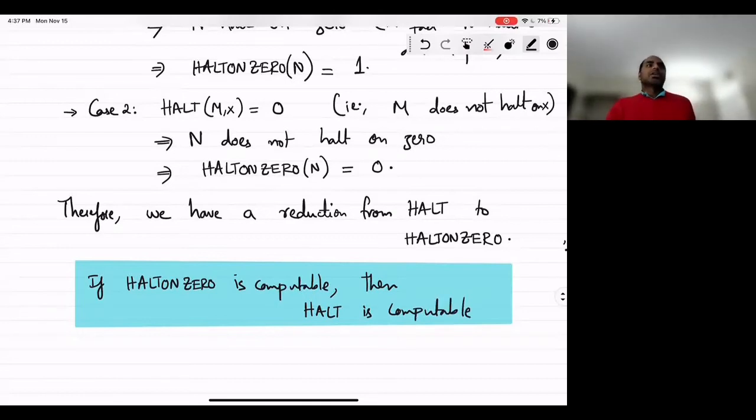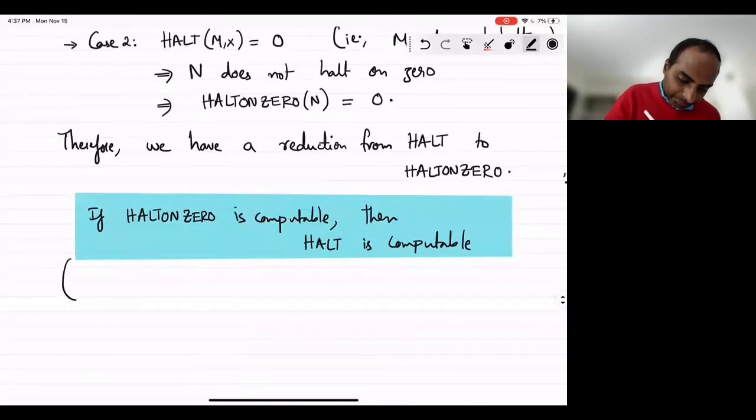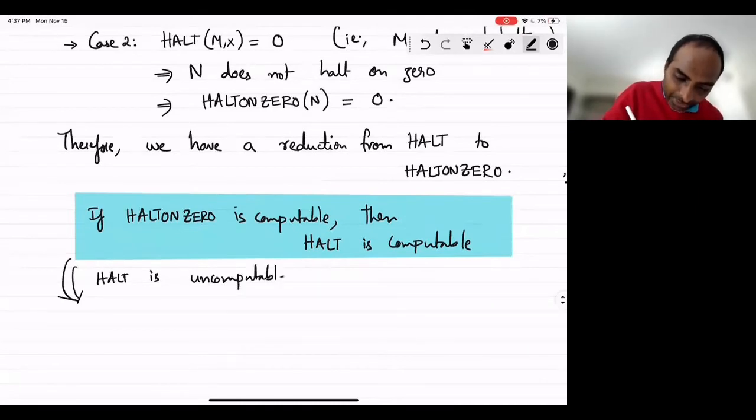So we can use the black box for halt on 0 to solve halt, but we just showed that halt is uncomputable. So this together with halt is uncomputable implies that halt on 0 is uncomputable.